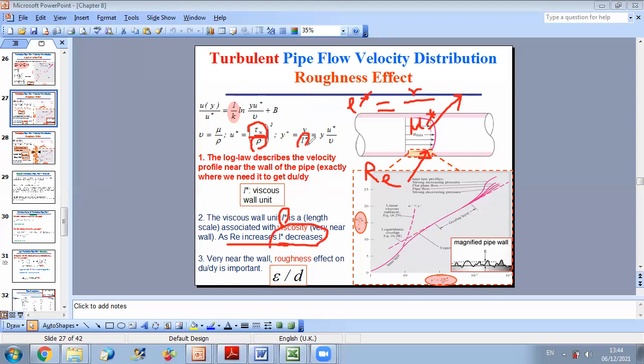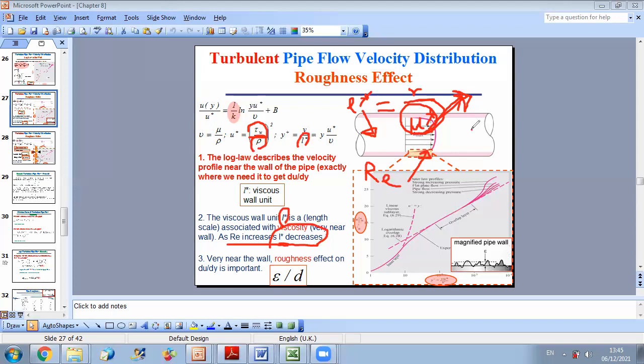As we have defined, L star is inversely proportional to U star, and U star is related to the Reynolds number, so the higher U star is, the lower the value of L star will be. Why will U star increase with Reynolds number?